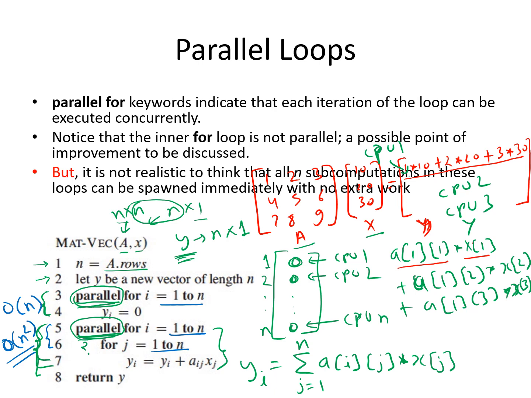So how would this runtime change if we now have, let's say, infinite processors, and we can execute this parallel version of matrix vector multiplication on all of these infinite CPUs? Well, it would improve, obviously, we will get some benefit of parallelism. However, it is important to realize that parallelism here basically means replication.